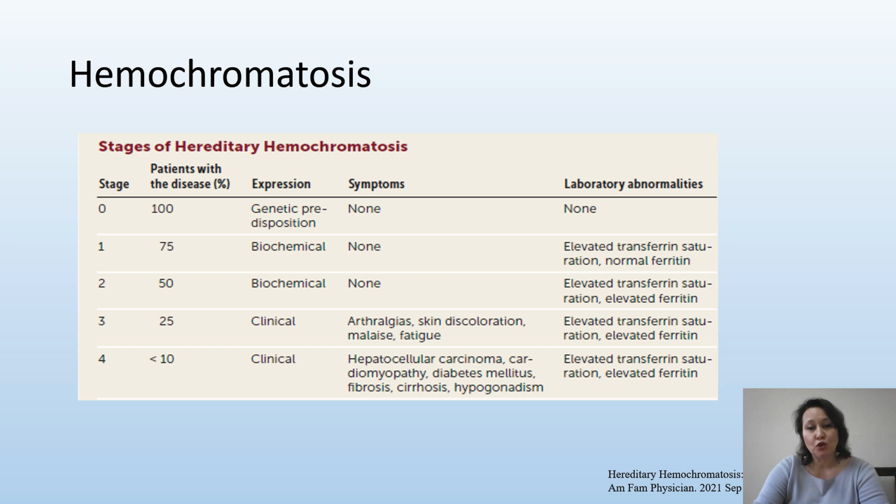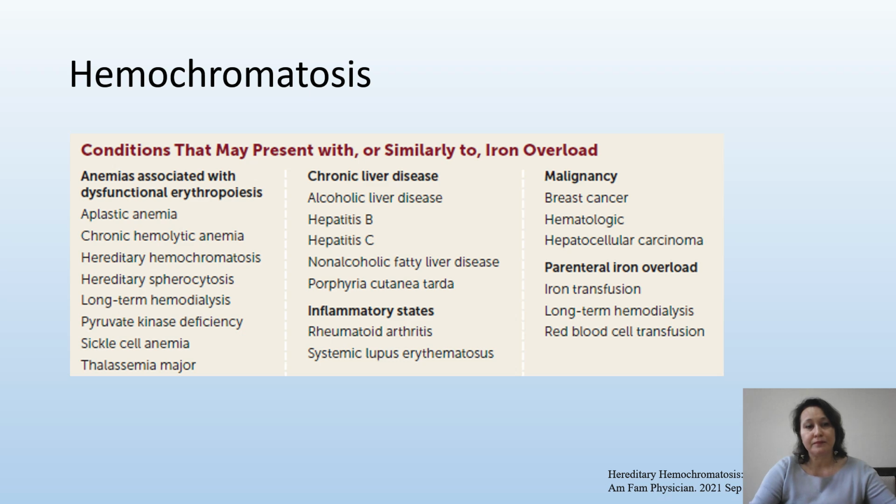In stage 2, the patient has elevated transferrin saturation and ferritin level with no clinical symptoms. And in stages 3 and 4, the patient has clinical and lab symptoms, and clinically it can be liver cirrhosis, hepatocellular carcinoma, cardiomyopathy, diabetes. In lab tests, we see elevated transferrin saturation and level of ferritin.